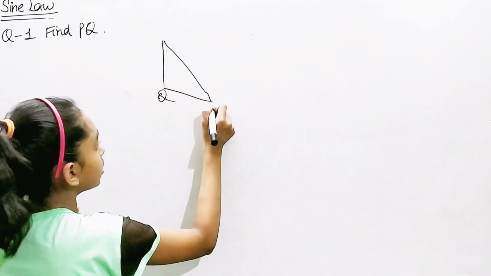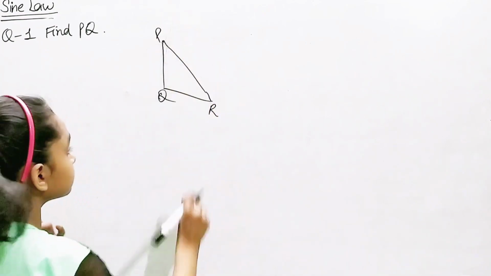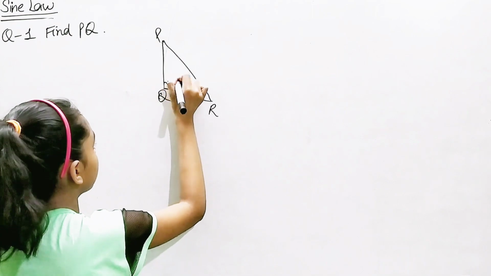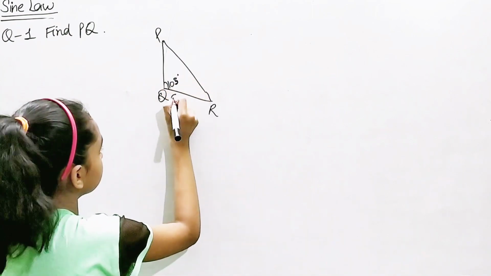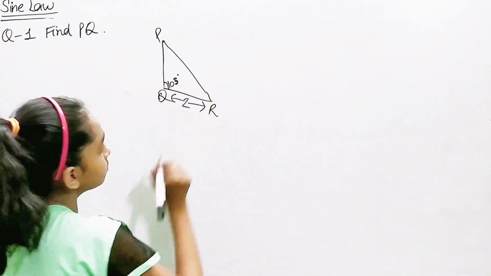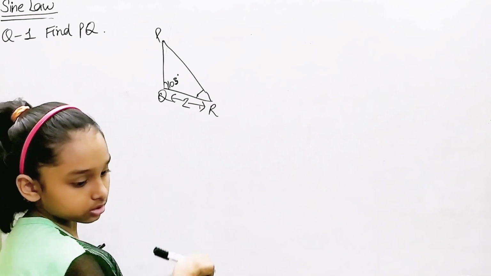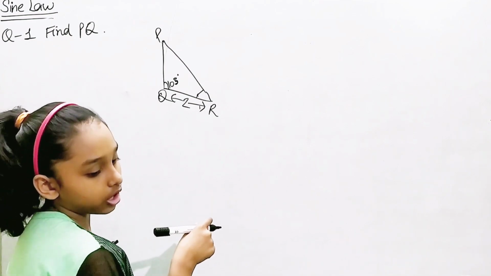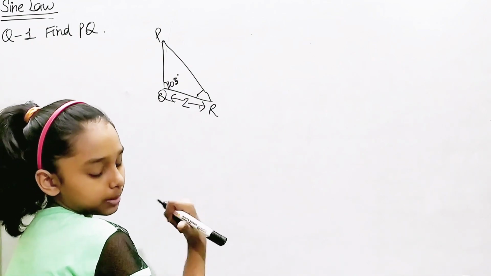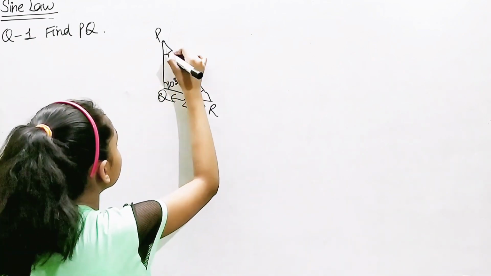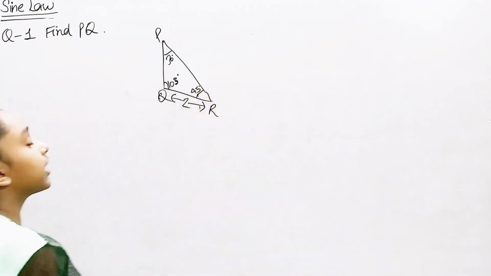Okay, so triangle QRP, and the angles are given to us. This is 105 degrees, this is 30, and this is 45 degrees.